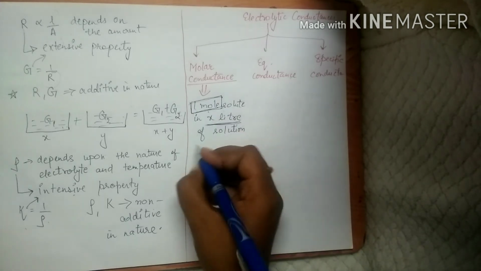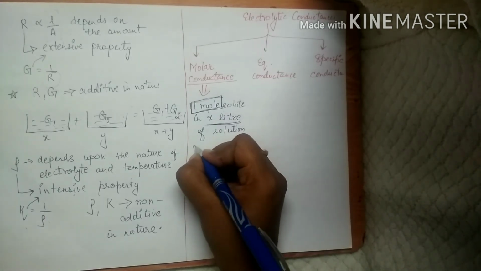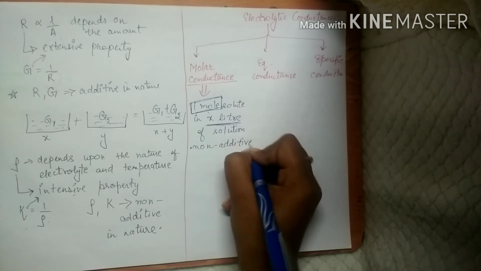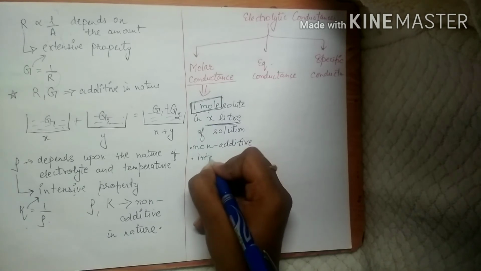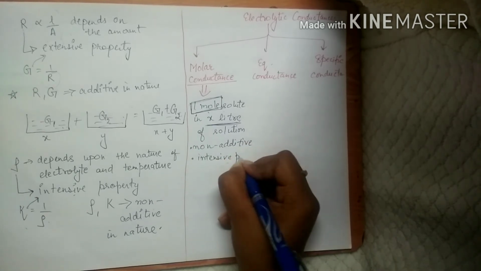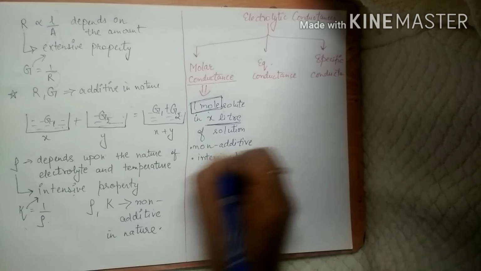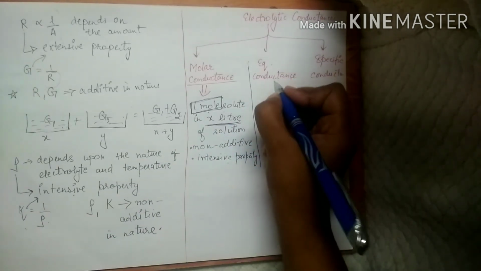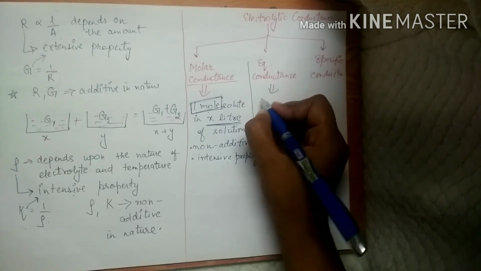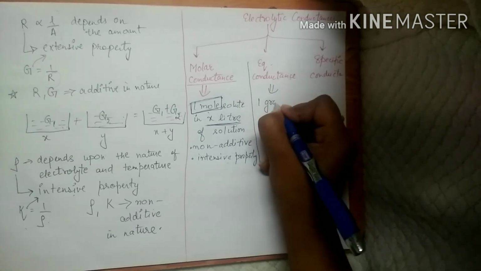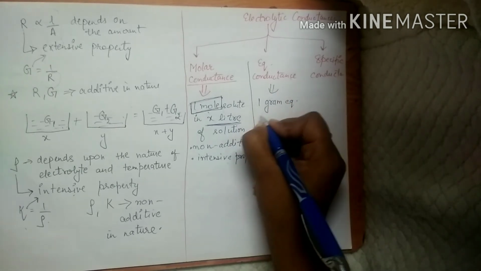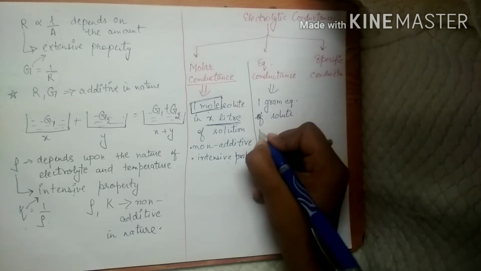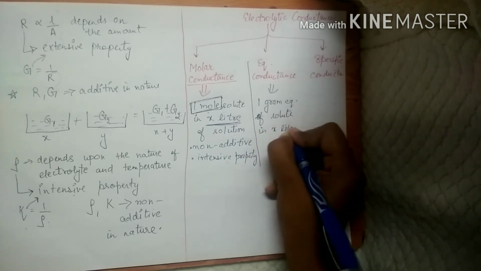So your molar conductance is non-additive. It is non-additive in nature. Why? Because it is an intensive property. So if I talk about your equivalent conductance, then take the solution of 1 gram equivalent of solute in X liter of solution.